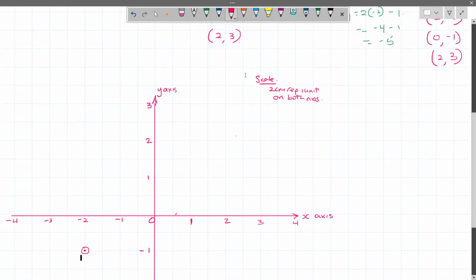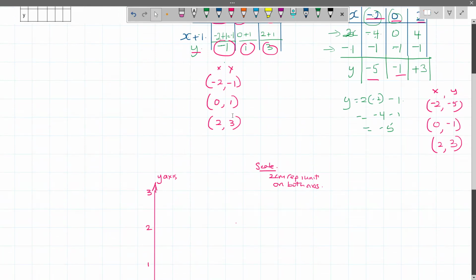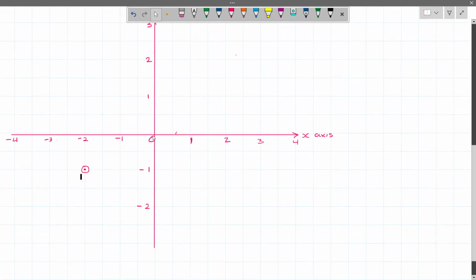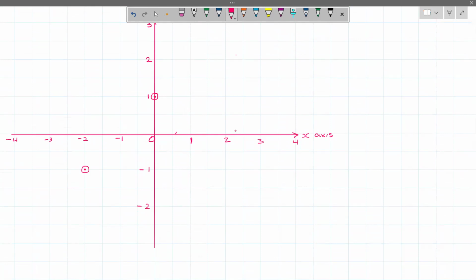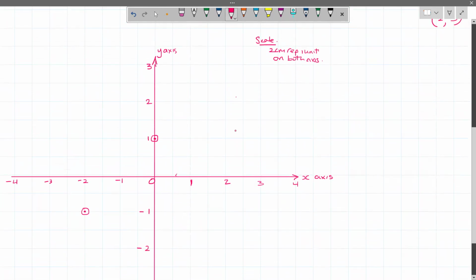Right? The next point we have is the point 0, 1. So we're not moving anywhere. We're staying right here, but we're going up 1. And then the other point is 2 and 3. So I'm going 2 to the right and then 3 up. 1, 2, 3. Right?